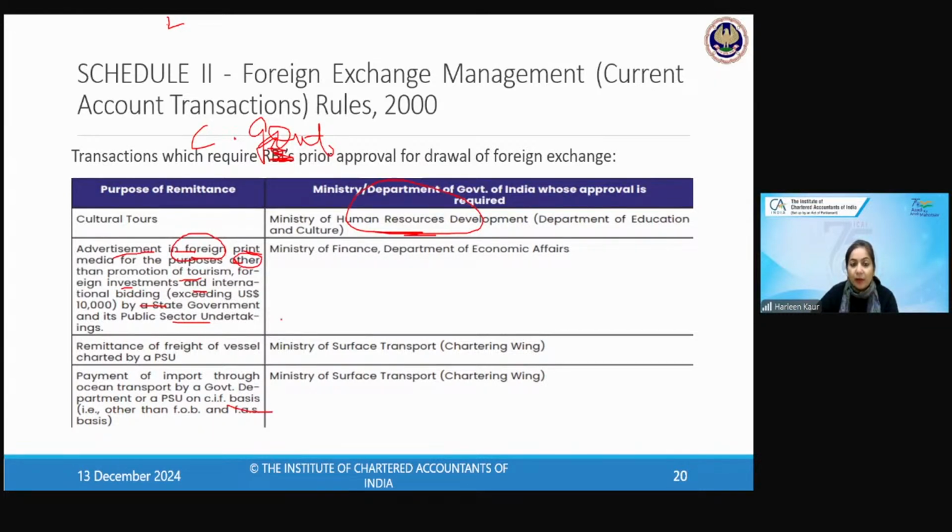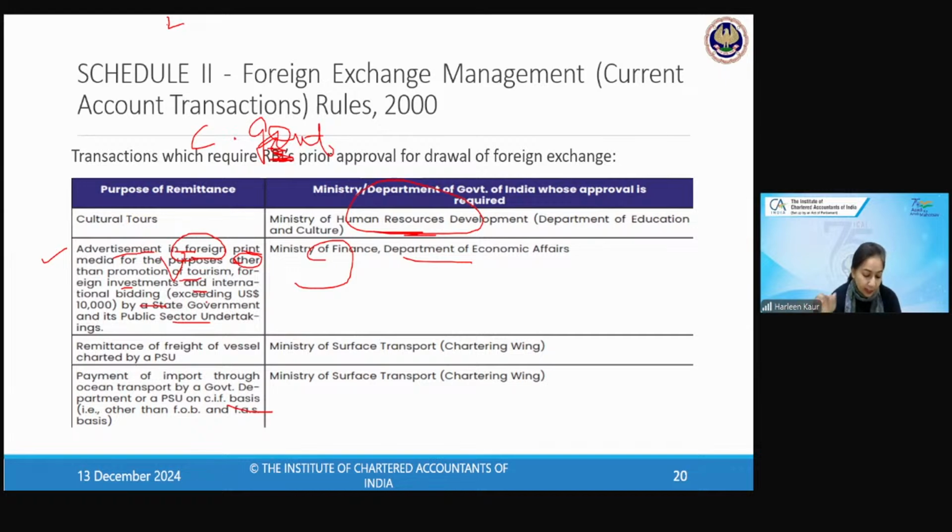So the approval required over here is from the Ministry of Finance, Department of Economic Affairs. But if the examiner asks you that there is a company or a state government which is going to give an audio video ad, then it is exempt, there is no problem. If it is a central government unit giving the advertisements, then also there is no problem. When is the problem? When the ad is being given in the foreign print media and it is being given by a state government and its public sector undertaking, then yes, the central government's approval is required.